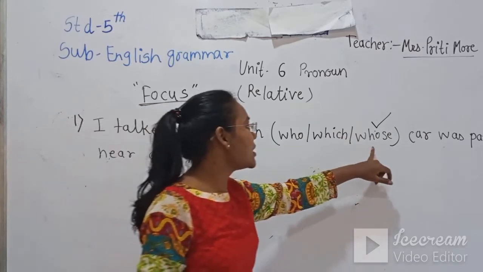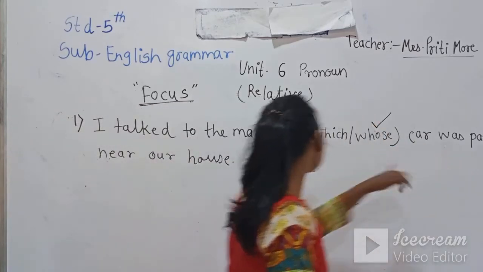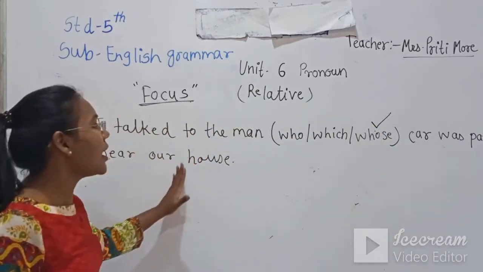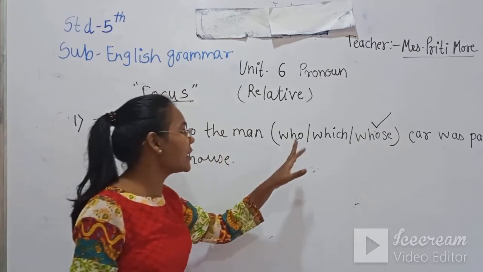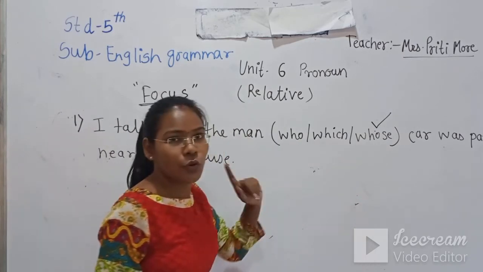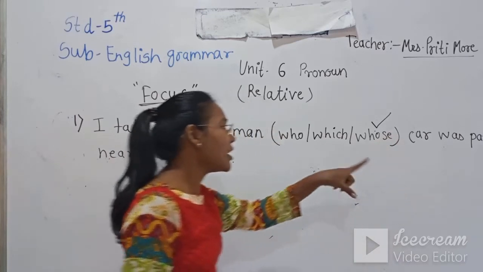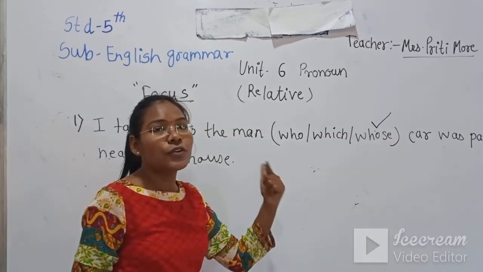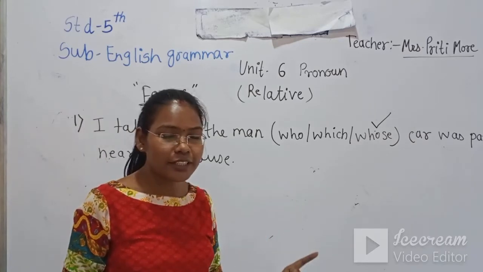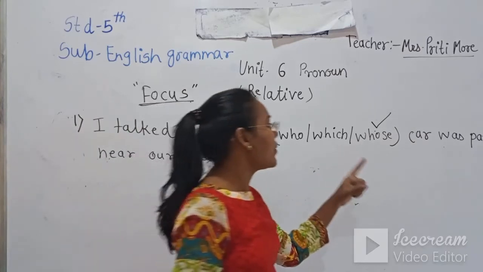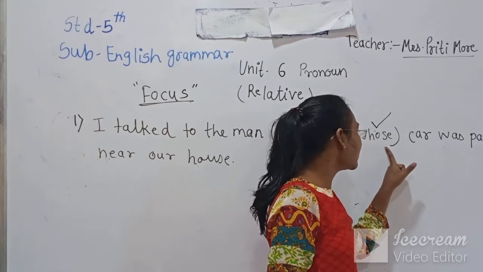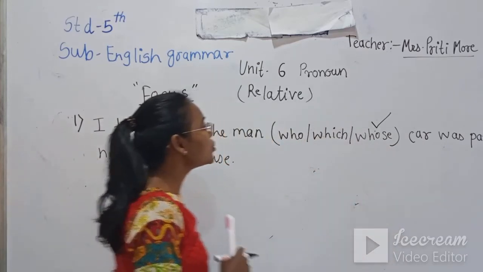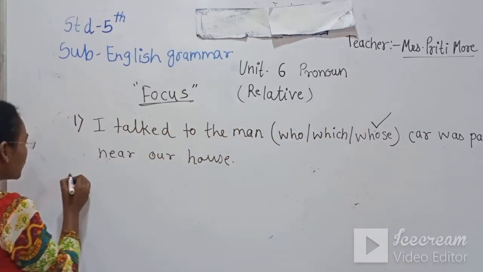That's why we use here: whose car was parked near our house. We cannot say who car. No, whose car. That means that car belongs to that man. That means authority is showing here on the car. That's why we use whose here. We take whose.